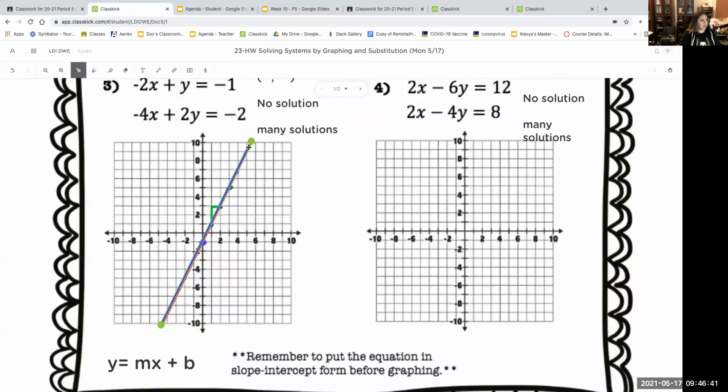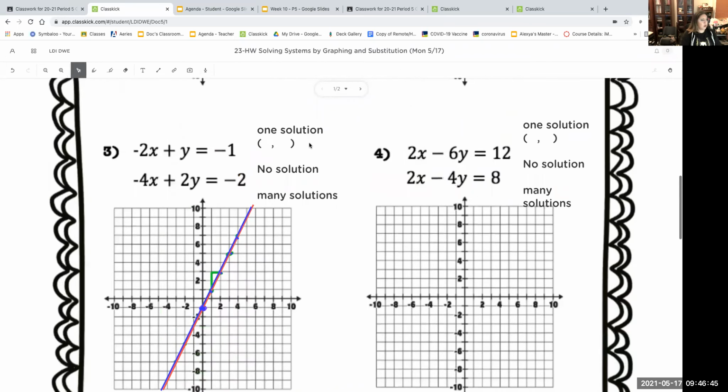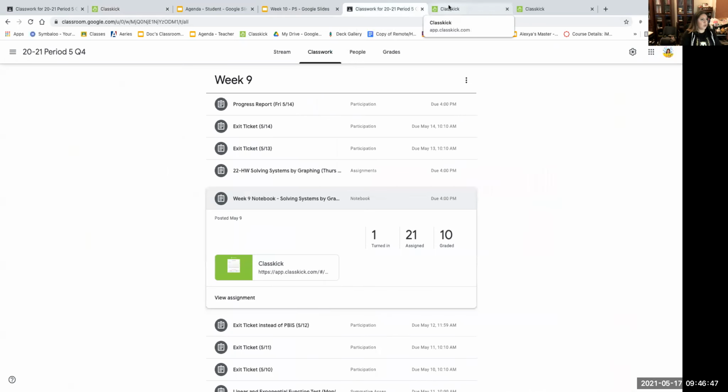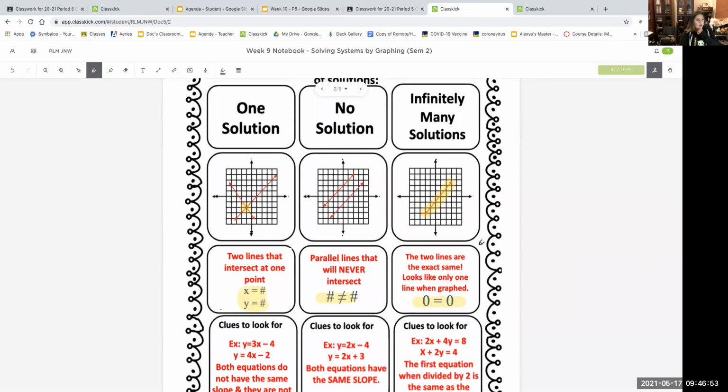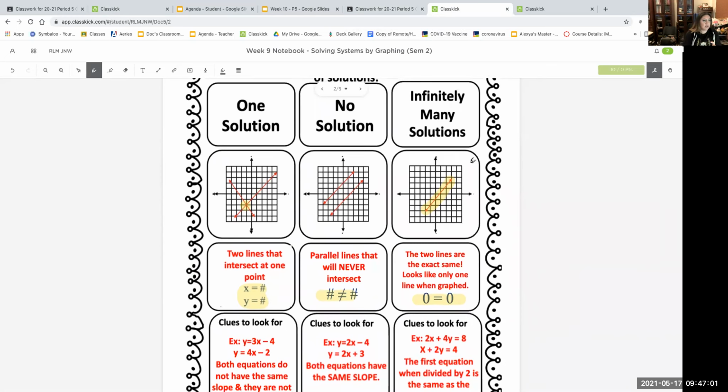It looks like I only have one because they're on top of each other. So looking back at that graph, which one says that the two lines are the exact same, looks like only one line when you graph it? That would be this one.